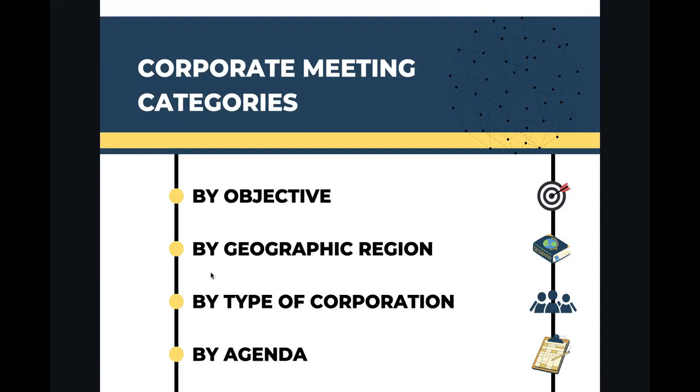The third one is separated by agenda. They are executive or management, stockholders, new product introduction, and department. And the last one is separated by type of corporation. They are private organization meetings and governmental organization meetings.